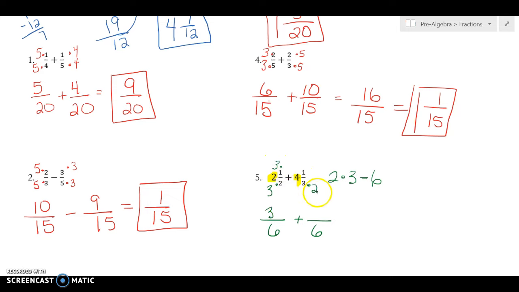And I multiplied 3 by 2, so I have to multiply the top by 2. When I add these together, I get 5 over 6, and now I have to look at those whole numbers. And 2 plus 4 is 6. So it's 6 and 5/6, and that's the answer.